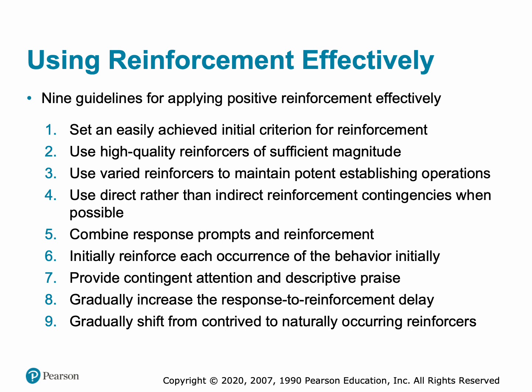You want to use direct rather than indirect reinforcement contingencies whenever possible. Basically, this is what I was talking about earlier, but you want to program for reinforcement that's natural, where the behavior on its own is going to produce reinforcement. That's direct reinforcement. And then indirect reinforcement is those behaviors that don't produce reinforcement on their own.